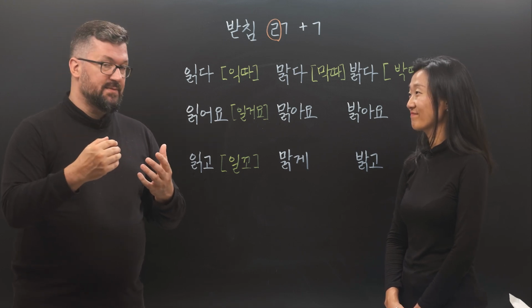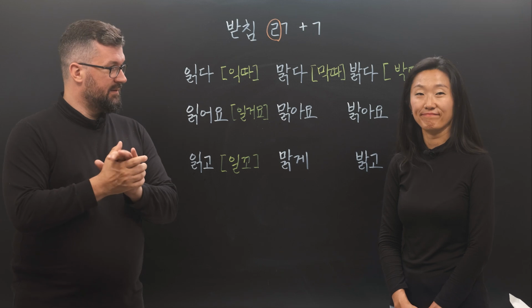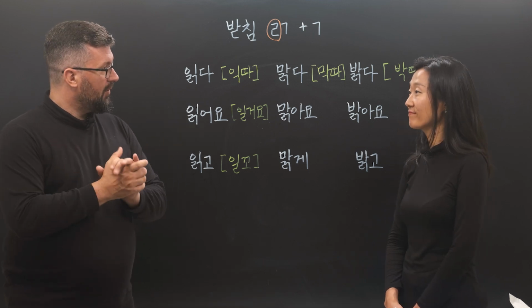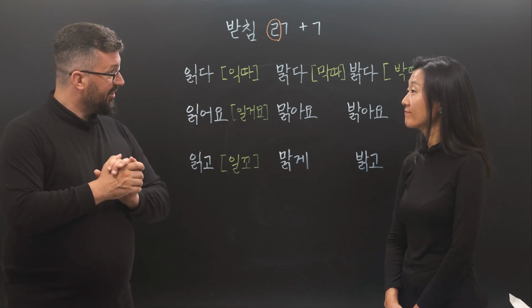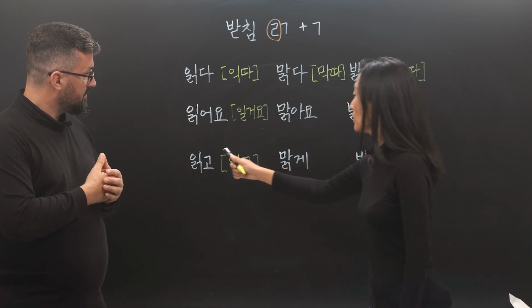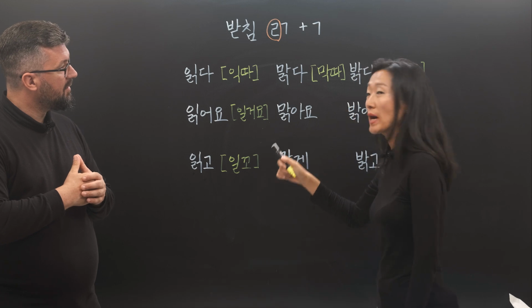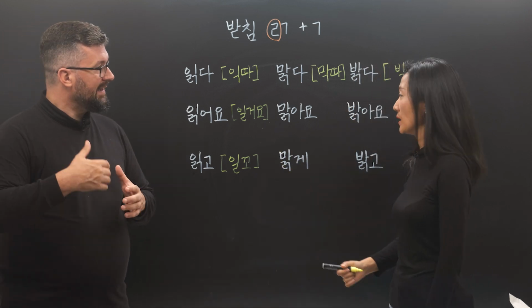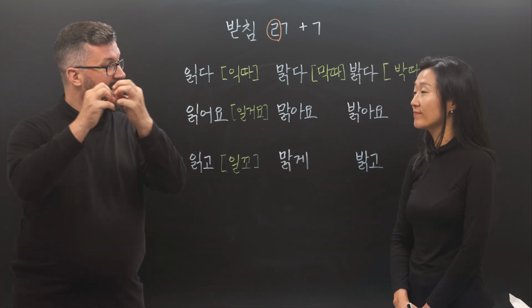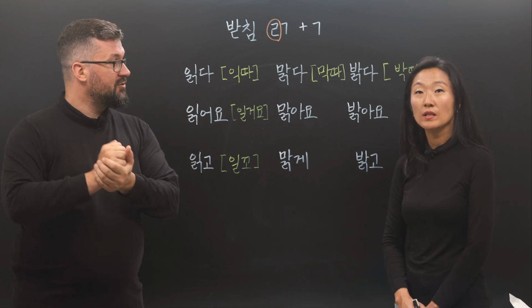R in the bachim is l and not r. So l. What happens to our bachim g? G is pulled over. That's why g is pronounced stronger. The two g's kind of merge together, and get pronounced stronger.